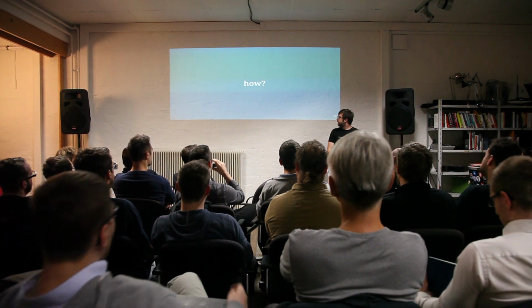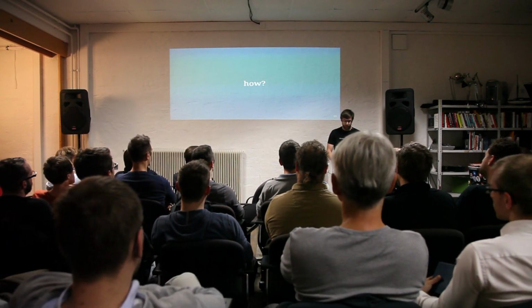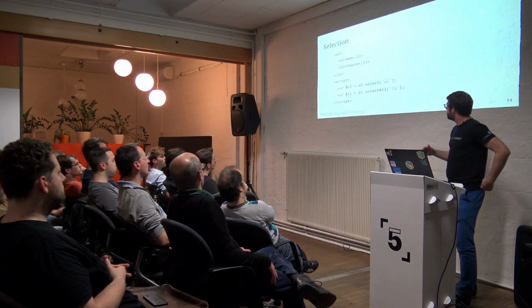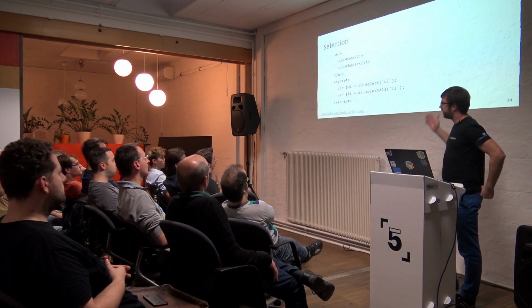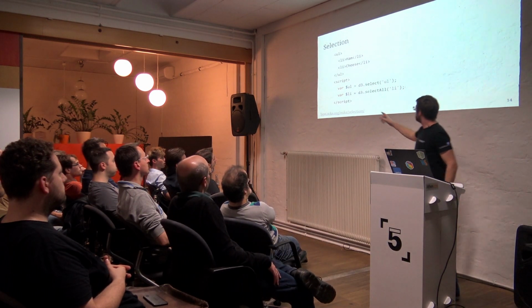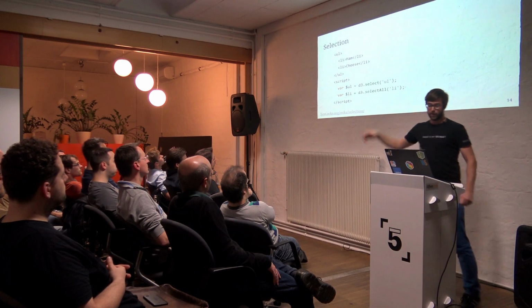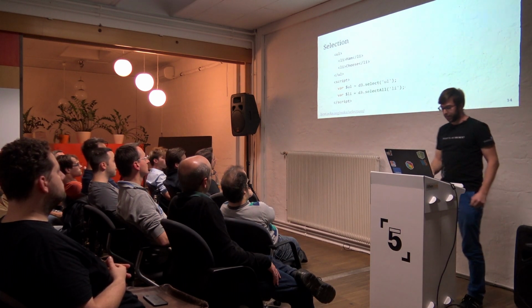So how does data-driven visualization work, or how do we use D3? The main object in D3 are selections. That's very similar to jQuery actually. So you make a D3 select and D3 select all, and you can have a query selector, and you select elements in the DOM.